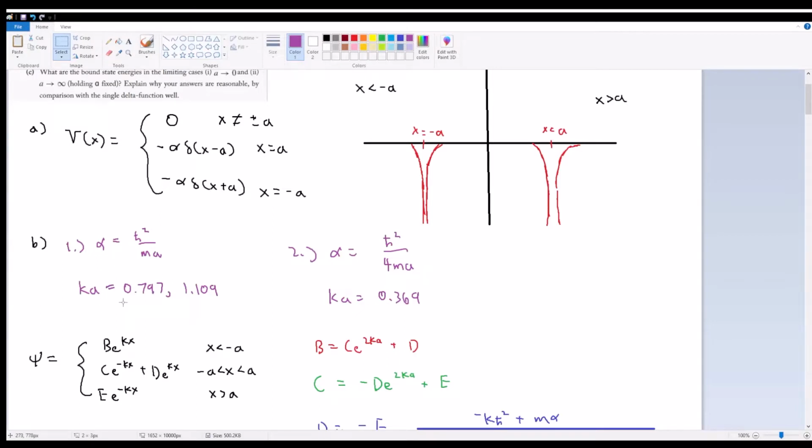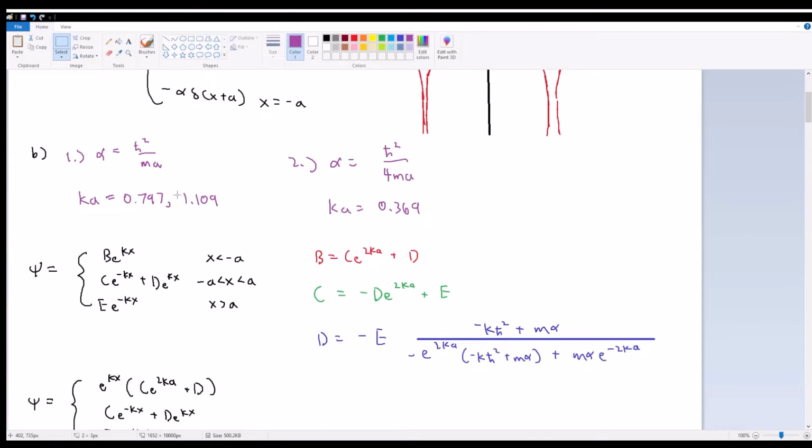We got 3 valid solutions for Ka, 2 for case 1, 1 for case 2. And then, in order to continue onwards and actually graph the solutions, we had to take the wave function that we had from before and redefine all of these coefficients in terms of a single coefficient. In this case, we defined them all in terms of E.